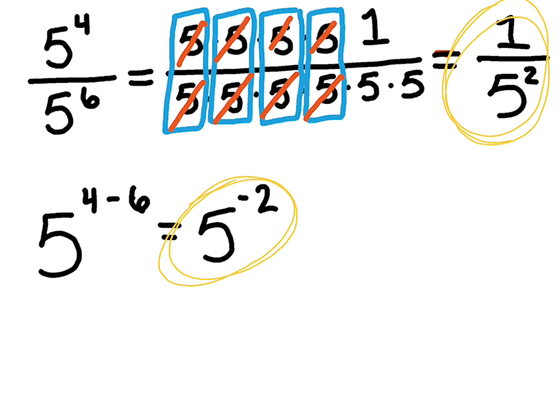The negative exponent tells me that I need to move this entire thing down into the denominator. And we want to do that because it's not really nice to work with negative exponents. So anytime you get a negative exponent, you have to move it down into the denominator or on the other side of the fraction bar. I'll talk about that more in a bit. So the final answer to this really is 1 over 5 squared.